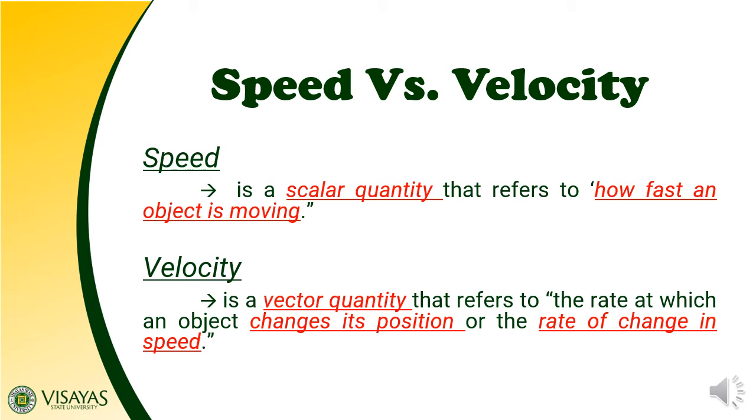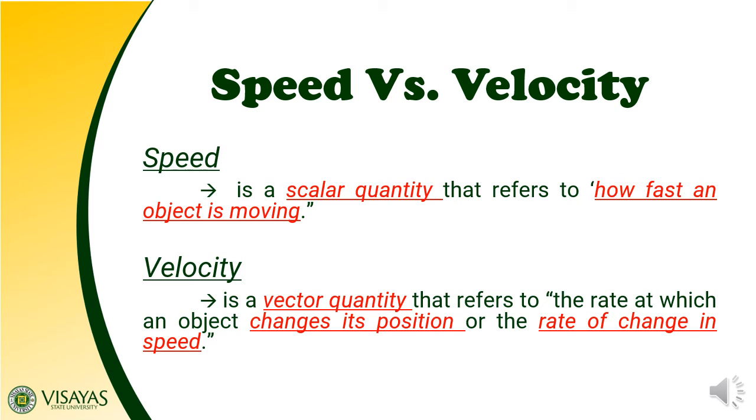Meaning, speed focuses only on the magnitude of the motion while velocity focuses on both the magnitude and direction of the motion. Speed talks about how fast an object is moving, while velocity talks about the rate at which an object changes its position or the rate of change in speed. So if there is a change in speed, there is a velocity. But the main difference between these two is speed is a scalar quantity while velocity is a vector quantity.